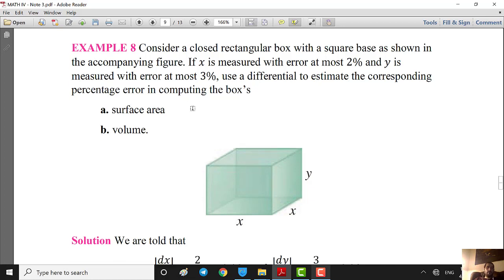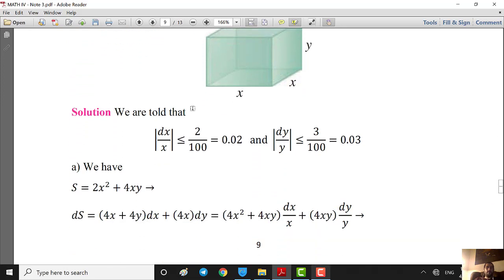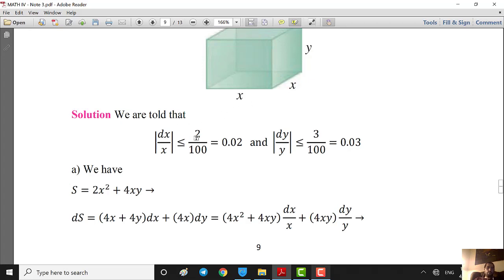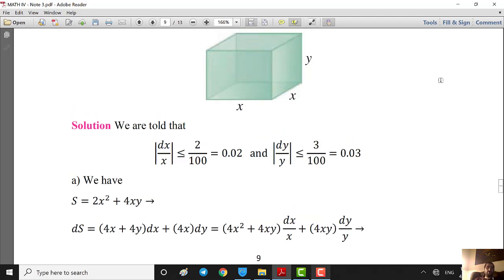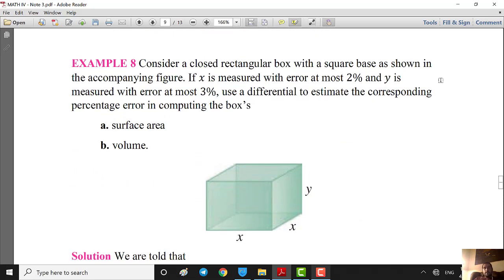Now, what is the information that this example gives us? It tells us that the absolute value of dx over x is smaller than 2%, and it also tells us that the absolute value of dy over y is smaller than 3%. Okay? Now, what is the surface area of this rectangular box?